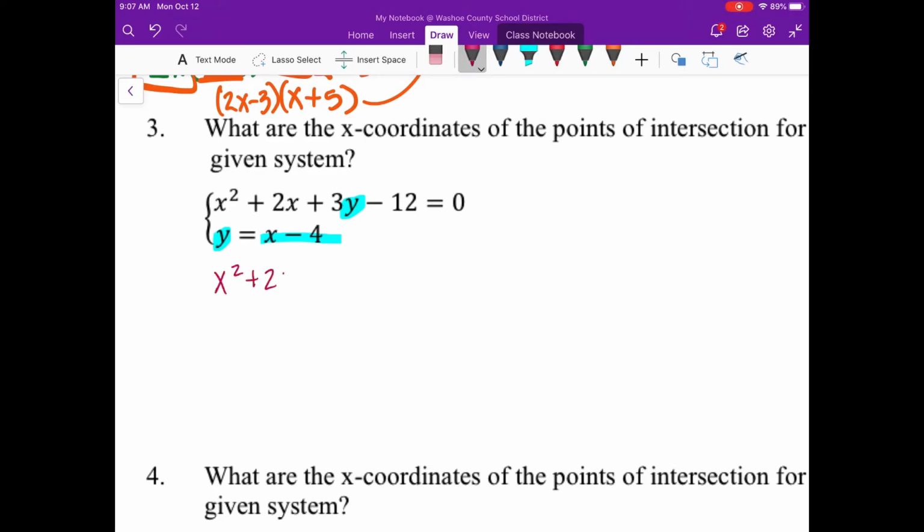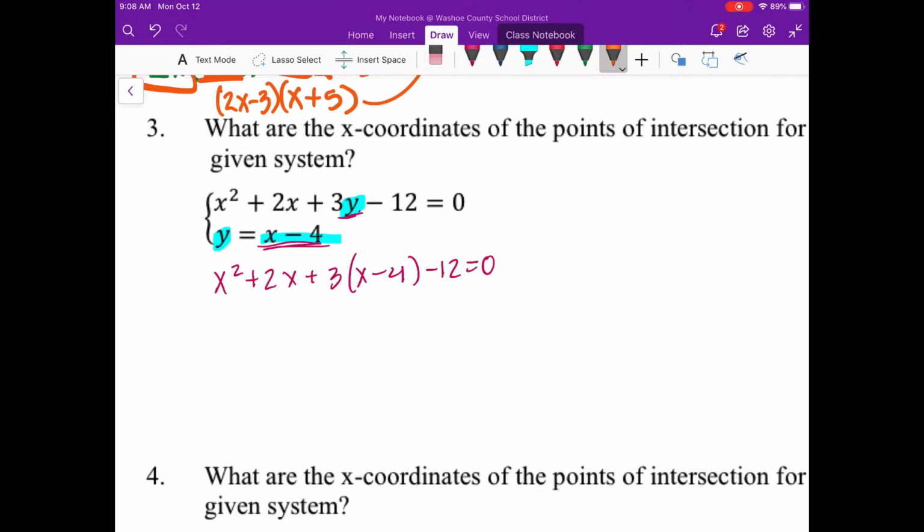I'm going to have x squared plus 2x plus 3, and instead of writing y, I'm going to write x minus 4. So I'm replacing the y with the value that it's telling me it equals, and then minus 12 equals 0. I want to make sure I have the same variable so that I can work with it, and I know I want my answers to be x's, so that's why I'm not solving for the y.